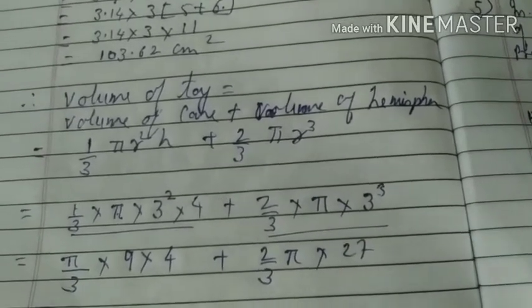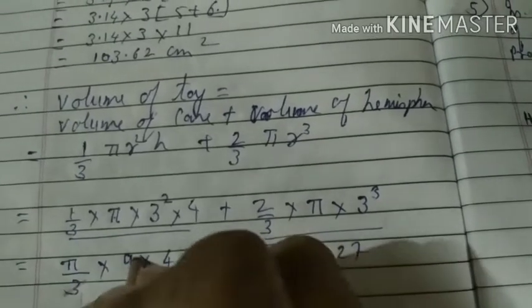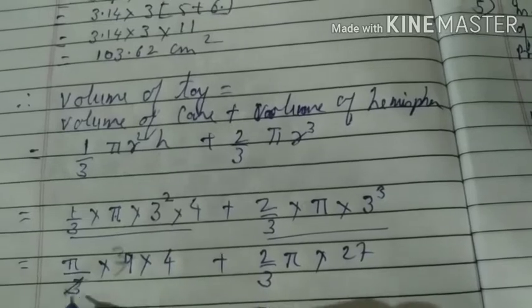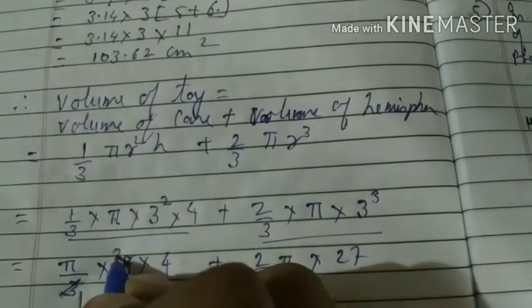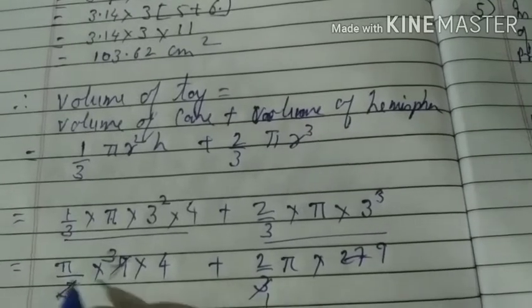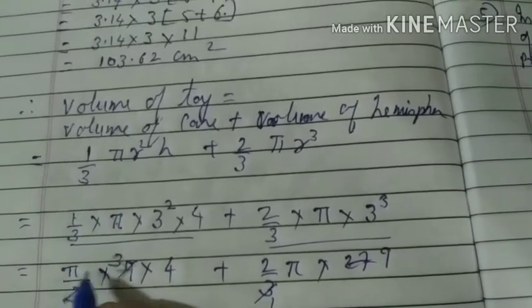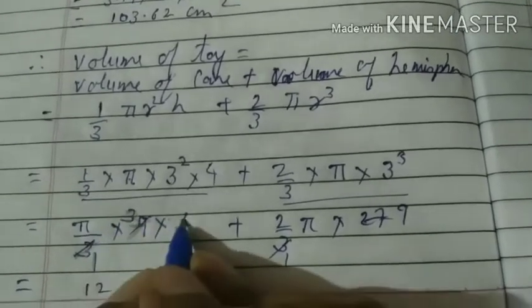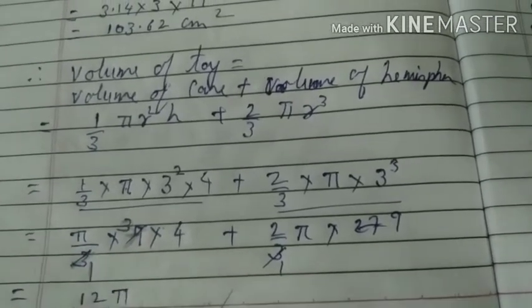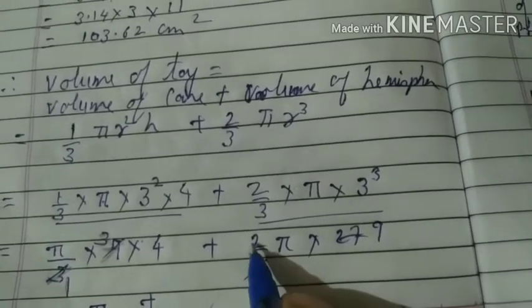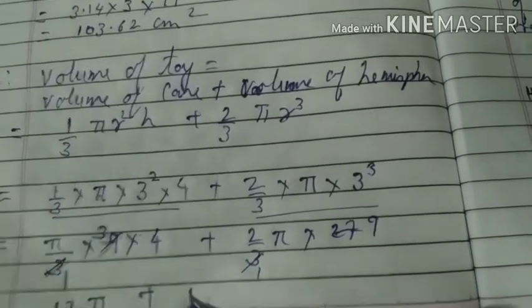Now see I can cancel this. 3 1s are 3, 3 3s are 9. 3 1s are 3, 9 3s are 27. So see what I get now. Here pi is left. 3 into 4, 12. Pi remains same. Plus 9 twos are 18.